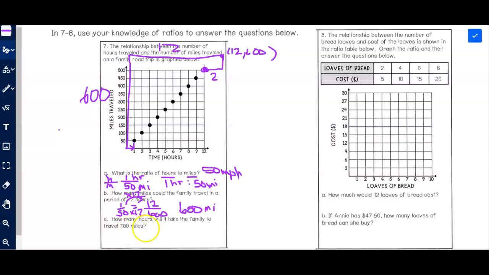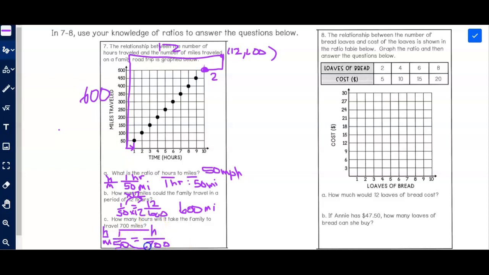Okay, how many hours will it take the family to travel 700 miles? Well, when you look on the graph, 700 is not on your graph. So we could say 1 to 50. And we want to know for 700. Well, miles, again, was coded to go on the bottom. Hours over miles. And we're trying to find out how long that's going to take.